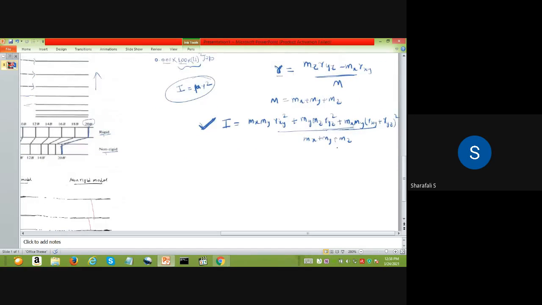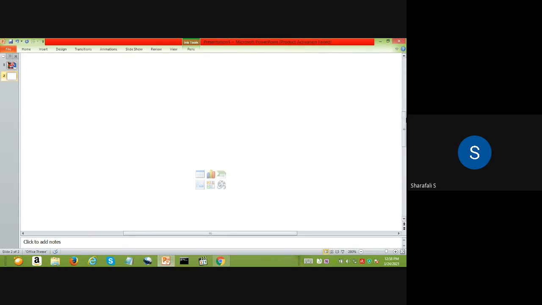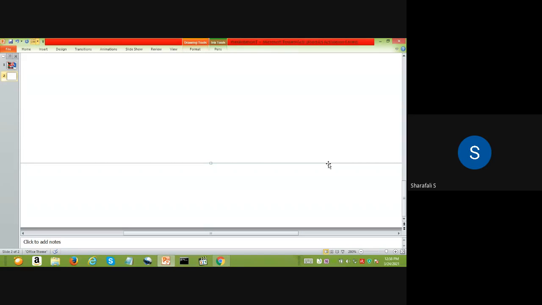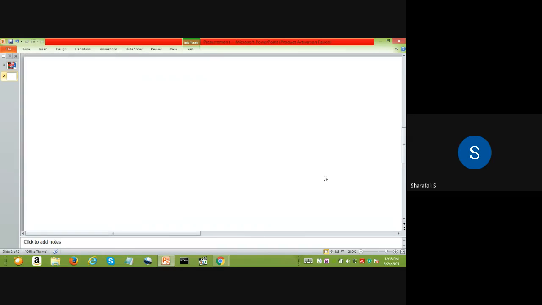One is the prolate molecule, and the second one is the oblate molecule. For these two molecules, what will be the change? I will just discuss that part here, and I will look into it deeply in the next section.